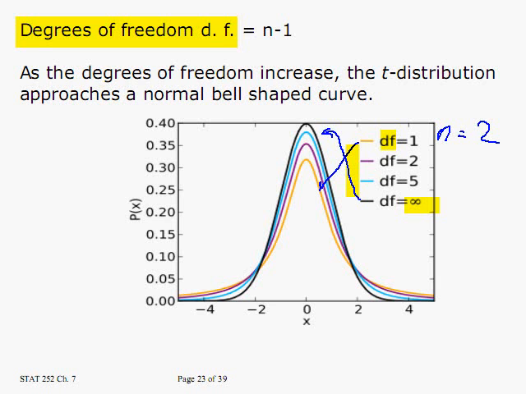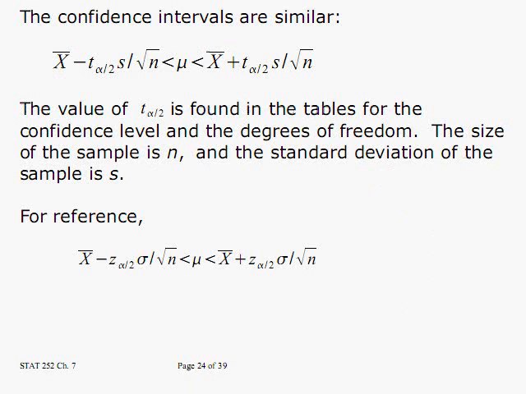So anytime you try to compute the t-distribution, you have to find the degrees of freedom, and the degrees of freedom are the sample size, the number in each sampling, minus 1. The confidence interval for the t-distribution looks just like the confidence interval using the z values.